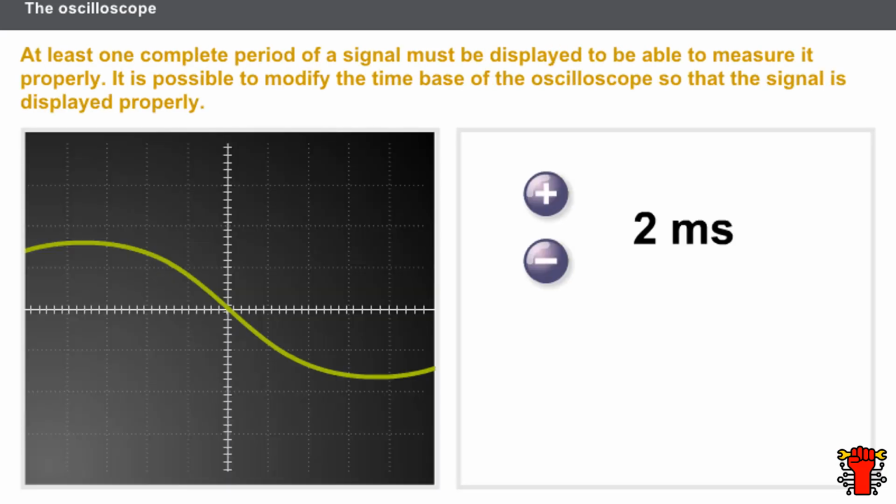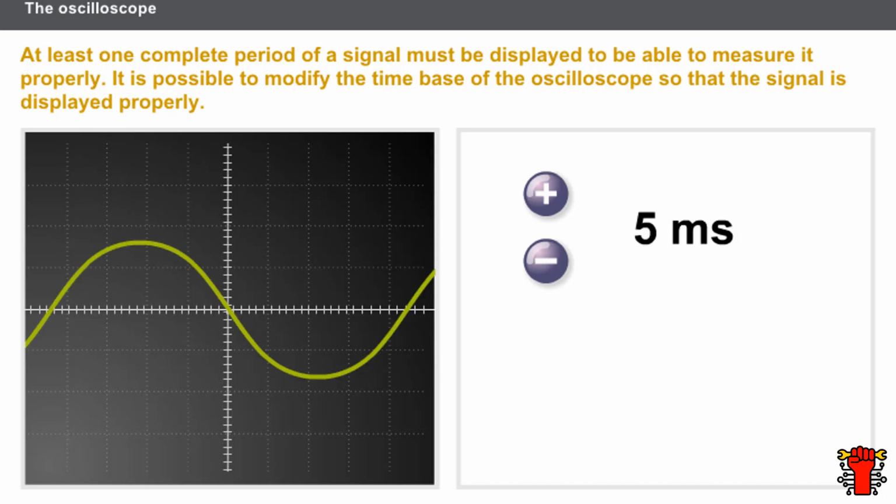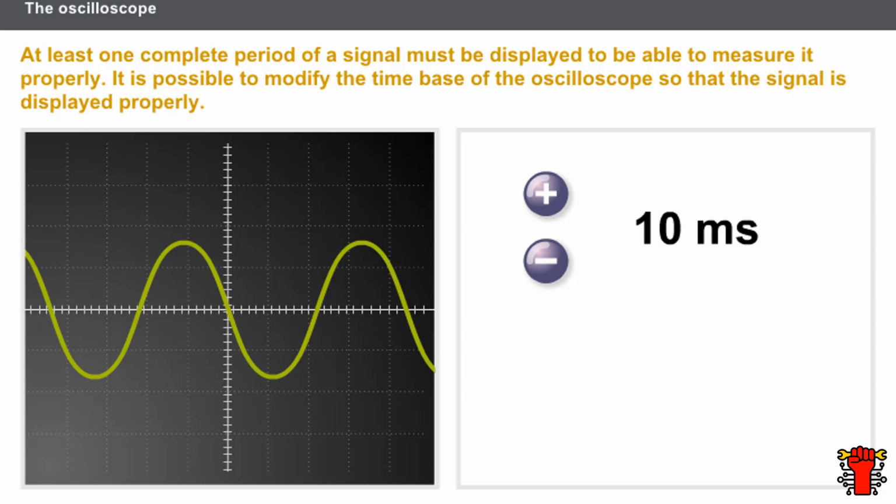At least one complete period of a signal must be displayed to be able to measure it properly. It is possible to modify the time base of the oscilloscope so that the signal is displayed properly. This signal has a period equal to 4 divisions and 2 graduations.